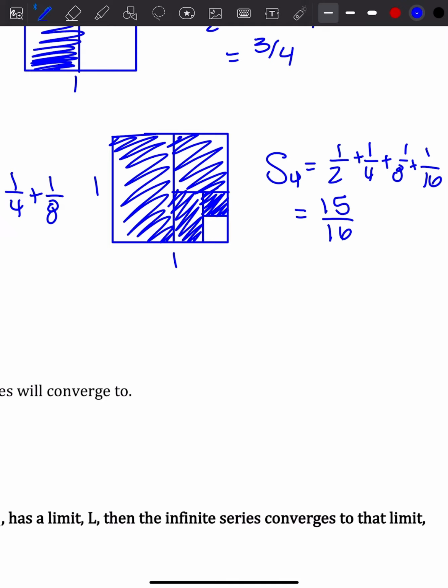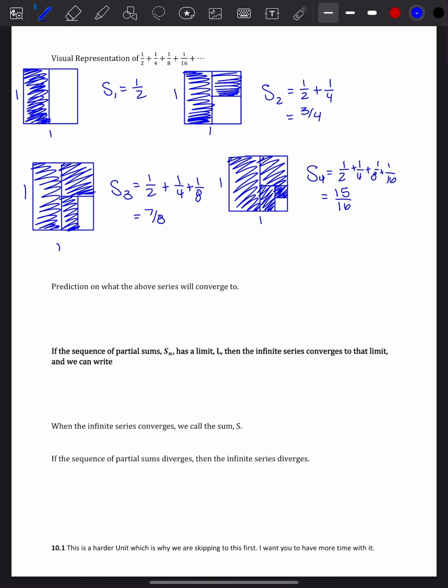So one of the things that we're going to see is that with this sequence, every time we get to the next term, we're cutting the last term in half. So we're adding on half of the previous term every time. If we were to do this as we get closer and closer towards infinity, we're going to keep cutting this area in half. So eventually, when we keep cutting this area in half, it's going to get so small that we have pretty much covered the entire area.